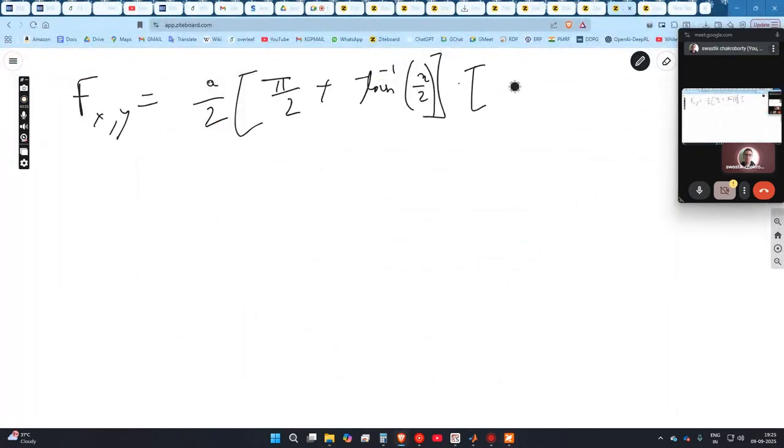Now nothing is given about the domain. So if nothing is given about the domain, we can always assume that x and y are real, that is, x and y exist between minus infinity to infinity.